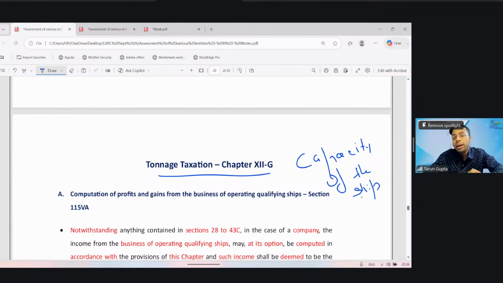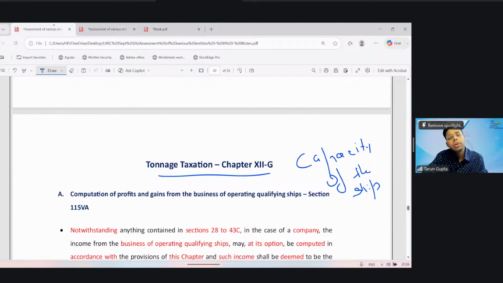What the ship is earning is not relevant. What is the capacity of the ship? The income is computed based on the capacity of the ship. This is a presumptive section, presumptive chapter, chapter 12G. And such income is taxed. So this is a very beneficial scheme provided to the Indian shipping companies.